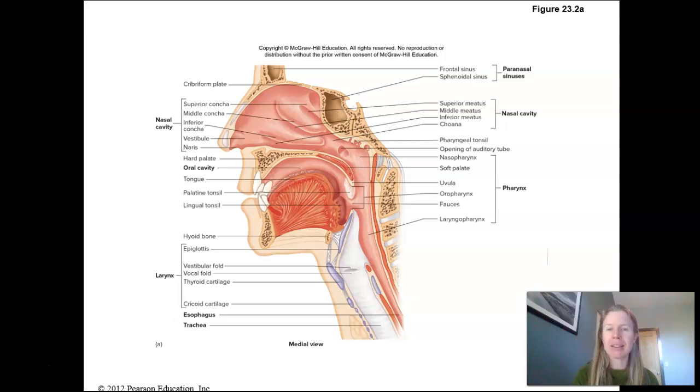Once you move past this shared passageway for food and air, and we actually enter the larynx, we don't have to be near as careful. We're not expecting, hopefully, food to end up in the larynx. And so what we're going to start to see is a shift back to pseudostratified ciliated columnar.